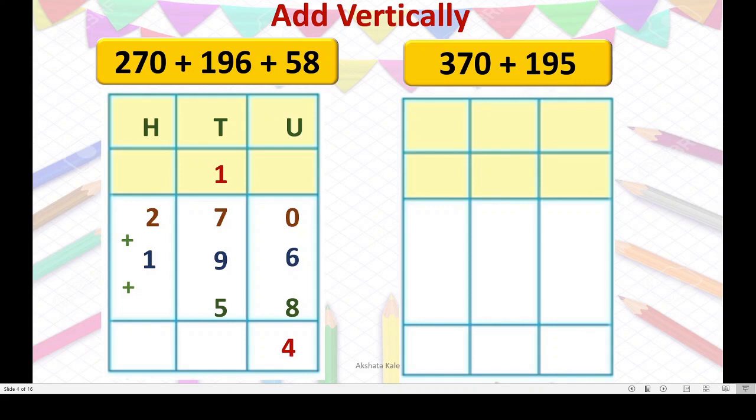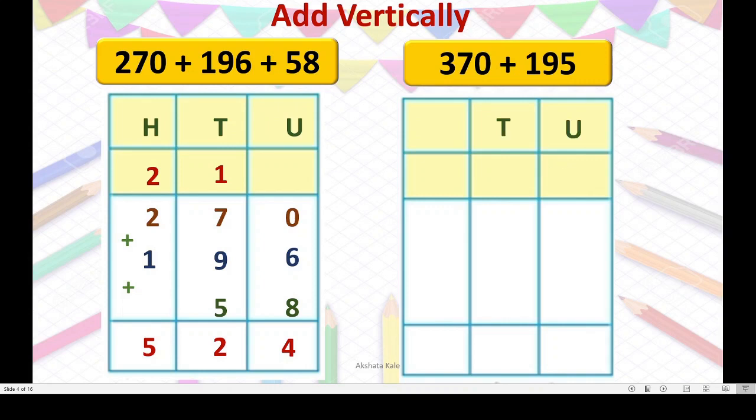So I will write 2 here and the other 2 is carried over to the hundreds place. Correct? Now we will add these, that is 2 hundreds plus 2 hundreds plus 1 hundred, that is 5 hundreds, isn't it? So the answer is 524. Got this?